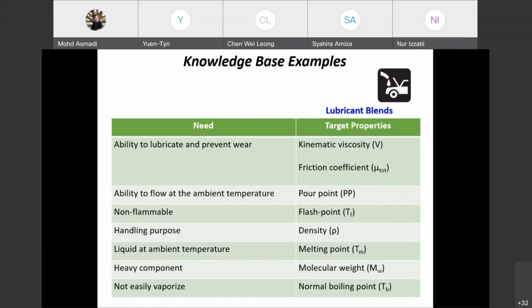Actually I think the pour point for the biodiesel is very low. So that's why we cannot use this biodiesel at very low temperature during the winter. It's related with the pour point. So this is all the example about the needs and also the target properties, qualitative to the quantitative.